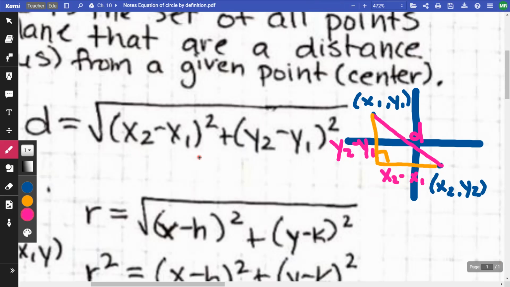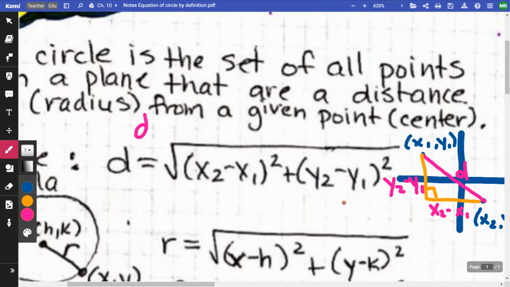That's where this formula is coming from. So d squared is equal to x2 minus x1 squared plus y2 minus y1 squared, that is from my Pythagorean theorem. Then I don't want d squared, I want d, so I take the square root. And that's how I got this equation.